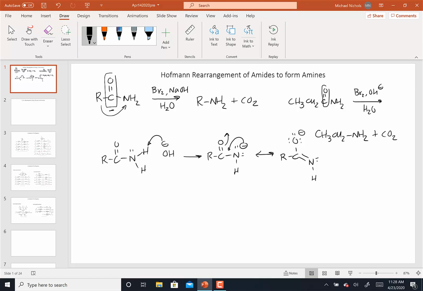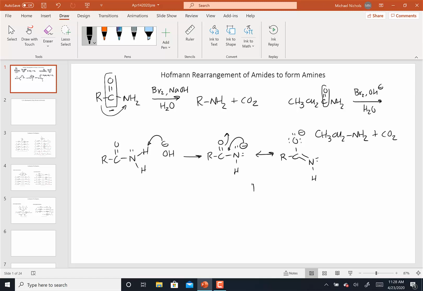So that's the only reason that that anion is stable, because it has two resonance structures. Now what will happen then is that we can reverse that resonance structure, or we can just have the N- react with a bromine. It's a little bit different than what we've done in the past.